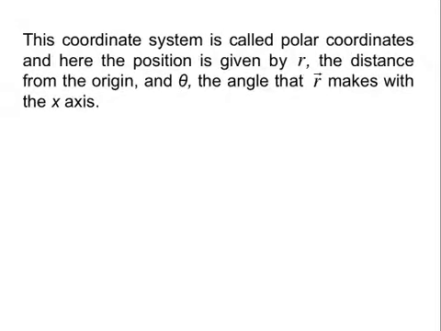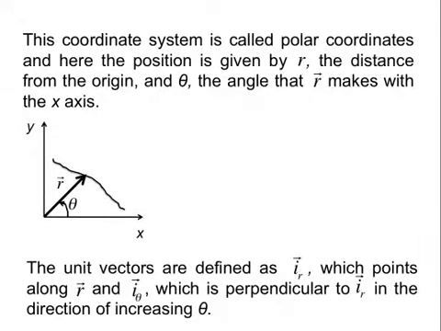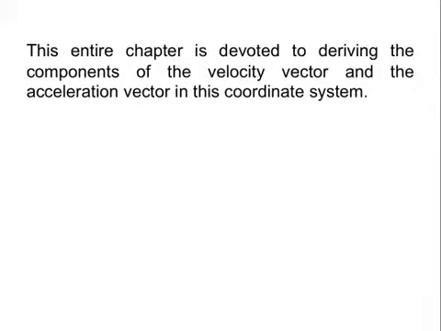This coordinate system is called polar coordinates, and here the position is given by r, the distance from the origin, and theta, the angle that the r vector makes with the x-axis. The unit vectors are defined as i_r, which points along the r vector, and i_theta, which is perpendicular to i_r in the direction of increasing theta.